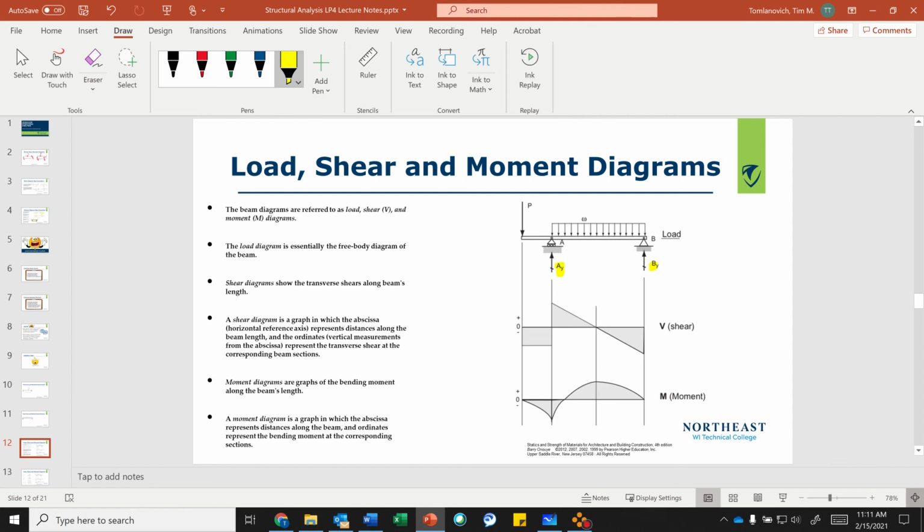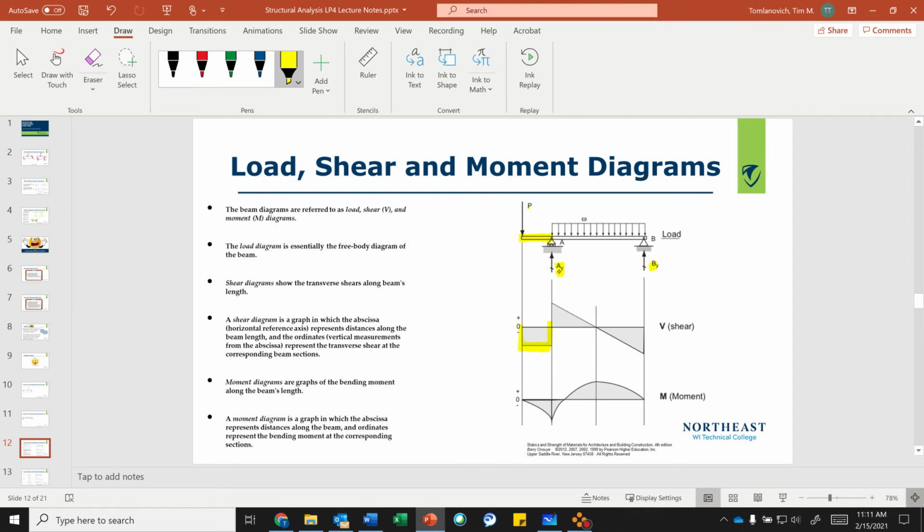So basically what you can do is draw lines down and calculate the shear. If I look here, my point load comes down, because remember, anything pointing down is negative, anything pointing up is positive. So I go down a magnitude, and it stays constant because there's no load between here and here. Then I hit this reaction load, AY, and I add this.